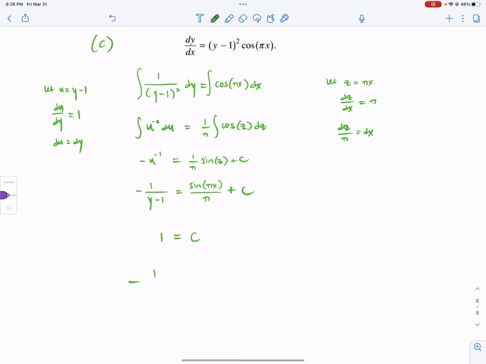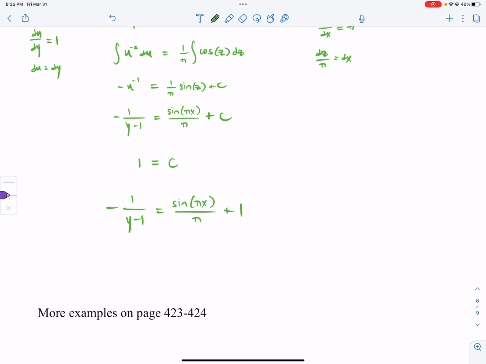So plugging 1 back in for c. Okay. And then thinking about multiplying both sides of the equation by y minus 1. Is that what I want to do?